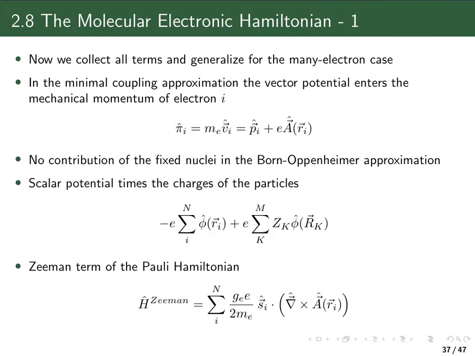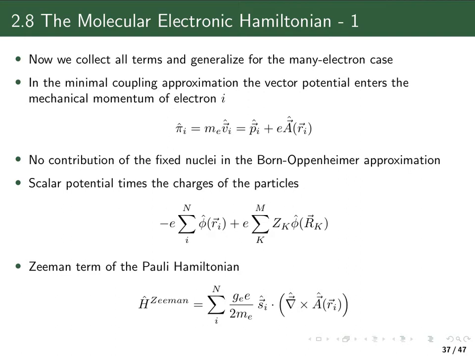As a consequence, the mechanical momentum, the one which goes into the kinetic energy expression, and the canonical or generalized momentum of the electron are then no longer the same, because the mechanical momentum is the canonical momentum plus the elementary charge times the vector potential.